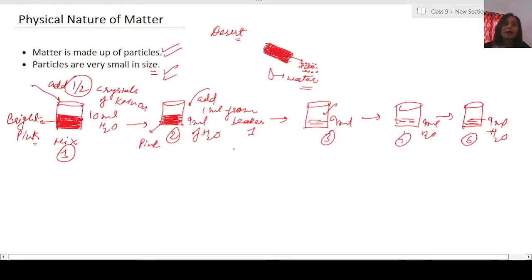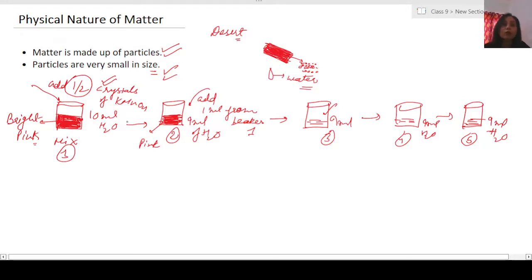So you can imagine how small these particles are, that even 1-2 crystals of potassium permanganate are able to give so much color. After so much dilution you are getting the same pink color, not that brightness of course, but the pink color is still there, and you have added only 1 or 2 crystals of potassium permanganate, remember.